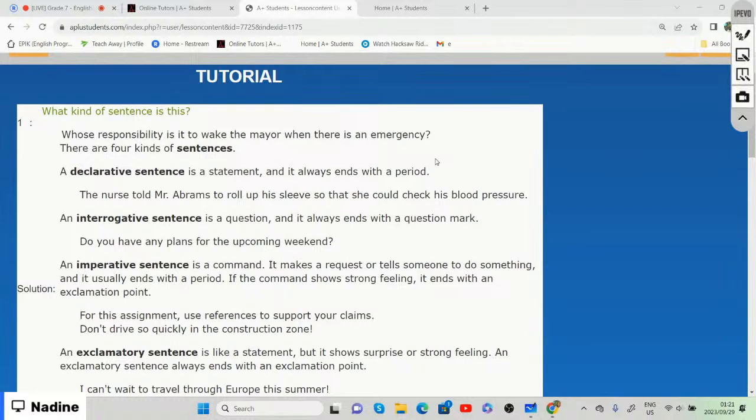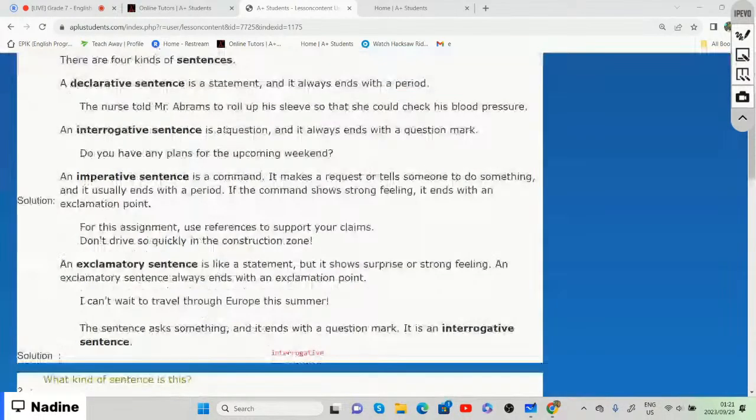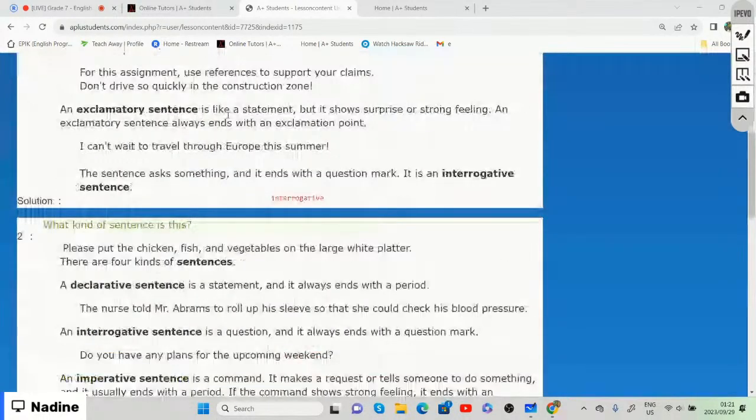A question, which is an interrogative sentence, ends with a question mark. And remember, we said an interrogative is a question and it always ends with a question mark.